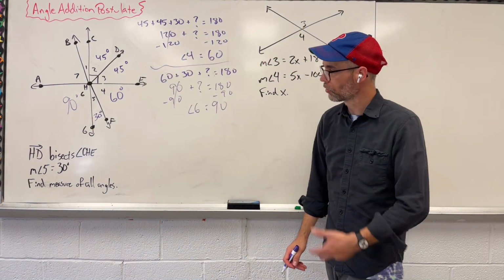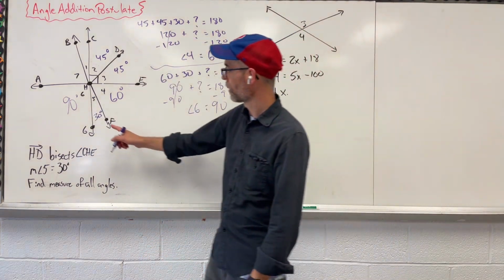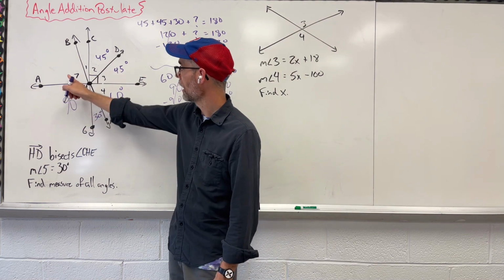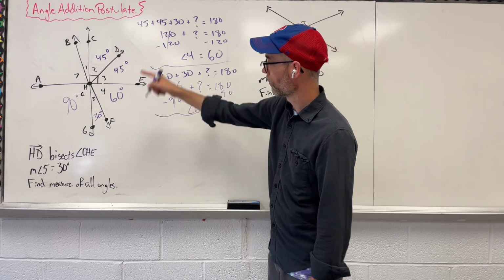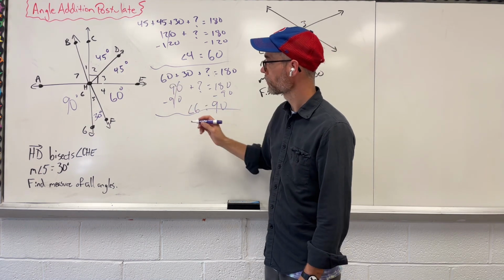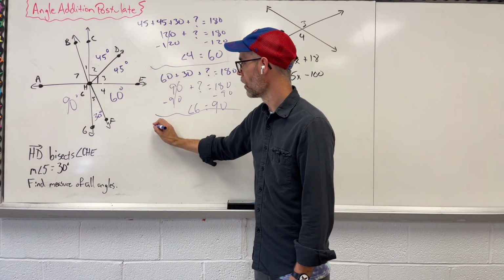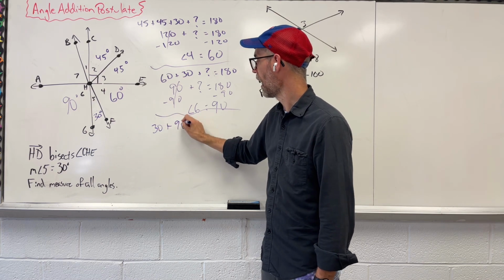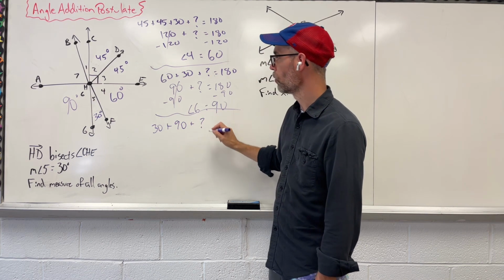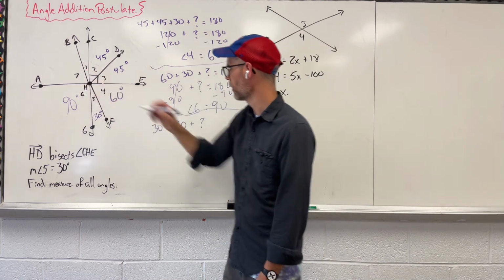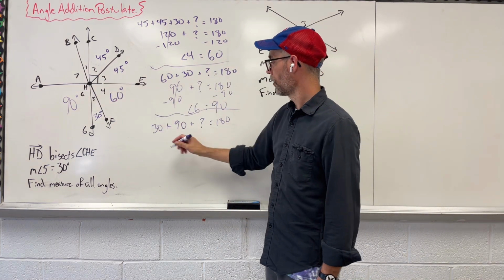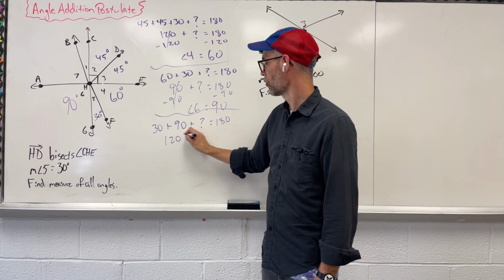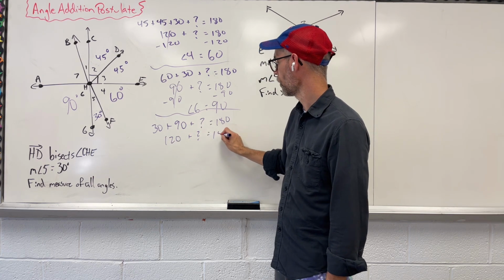We're going to do this 2 more times. We're going to say 30, 90, and 7, or I guess 5, 6, and 7. And then we're going to do it for angle 1. We know 30 plus 90 plus mystery, which is measure of angle 7, all equals 180. 30 and 90 gives me 120 plus mystery equals 180.